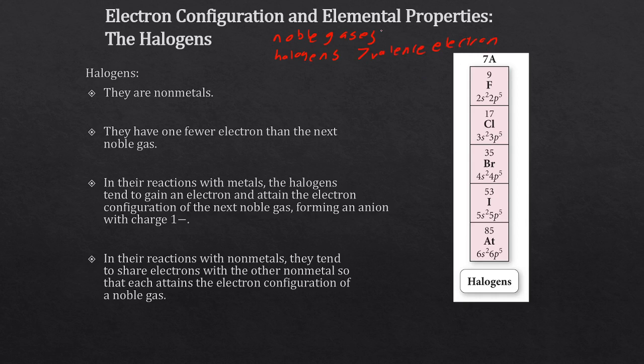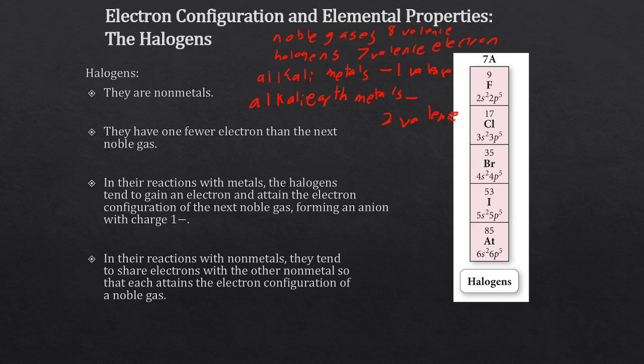Then we also talked about alkali metals and alkaline earth metals. They're both metals, but the difference was that the alkali metals have 1 valence electron and the alkaline earth metals have 2 valence electrons.